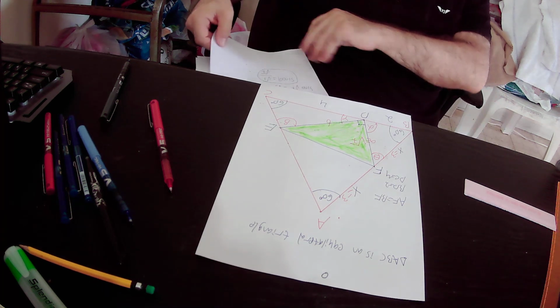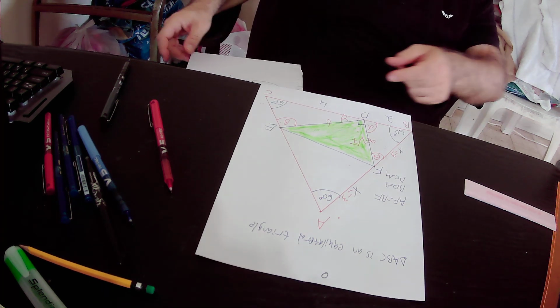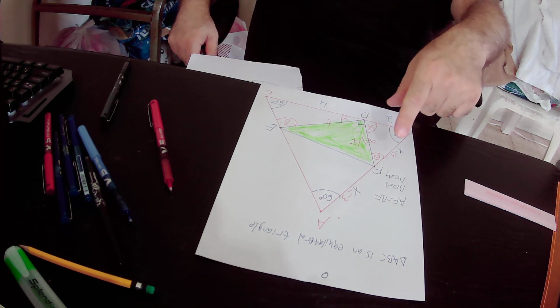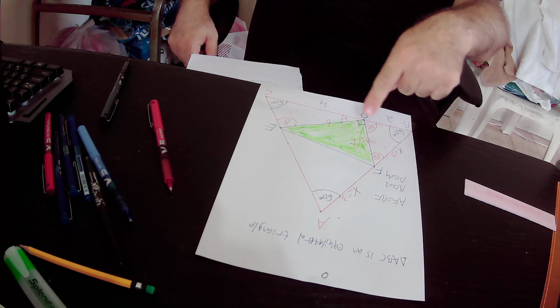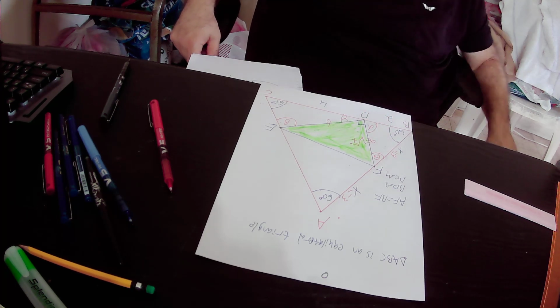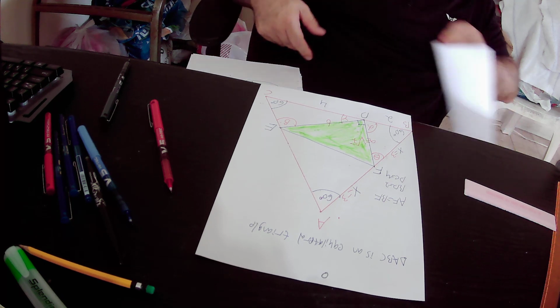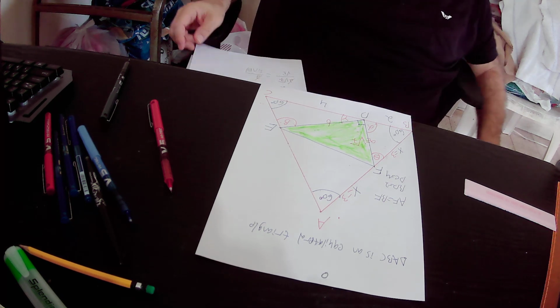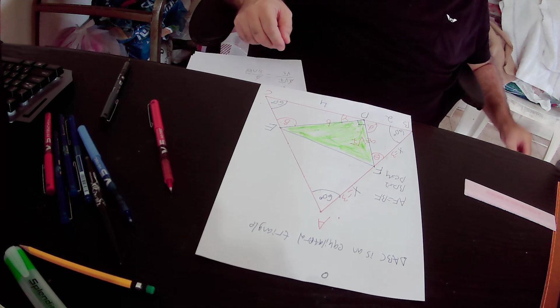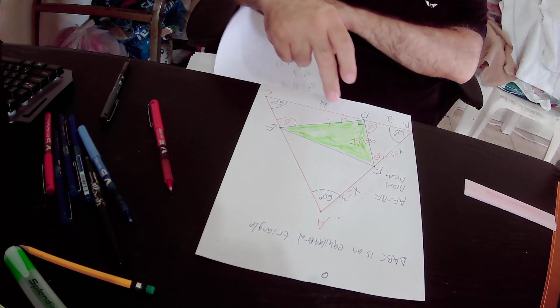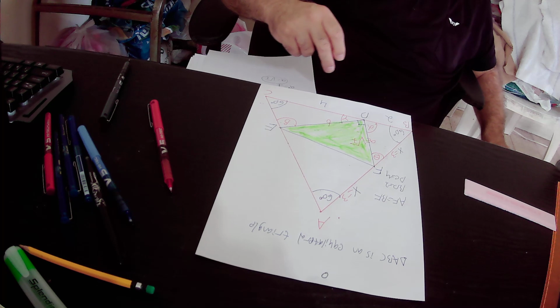We also know that the green triangle is a right triangle, that is to say angle FDE equals 90 degrees, and we want to find out the area of the green triangle FDE.